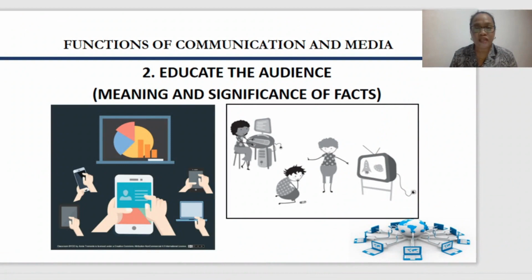Okay, next, communication and media educate the audience. This is very evident. Even before the pandemic, we are using the internet for us to gather information, for us to share files, to research, explore, to communicate with other people. And it is more evident now because we are using the internet or different applications for us to continuously learn.